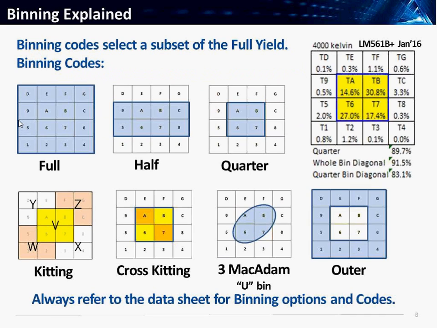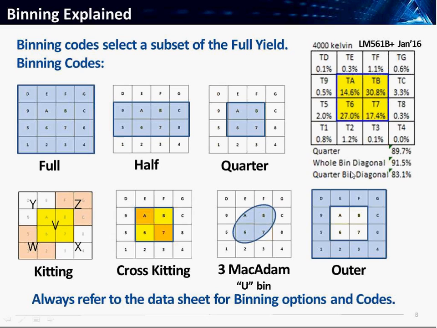Then the binning. So different types of binning, not all packages allow each type of binning. It's important to look at the data sheet to see what binning is available for which package you're looking for. This is basically a subset of the full yield. You have it in the upper right-hand corner, the yield.